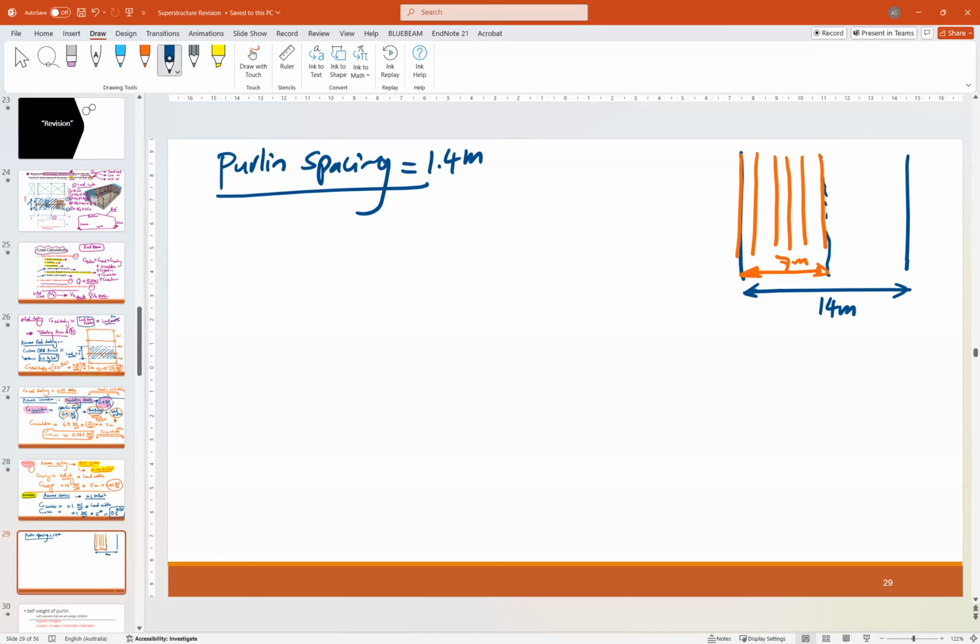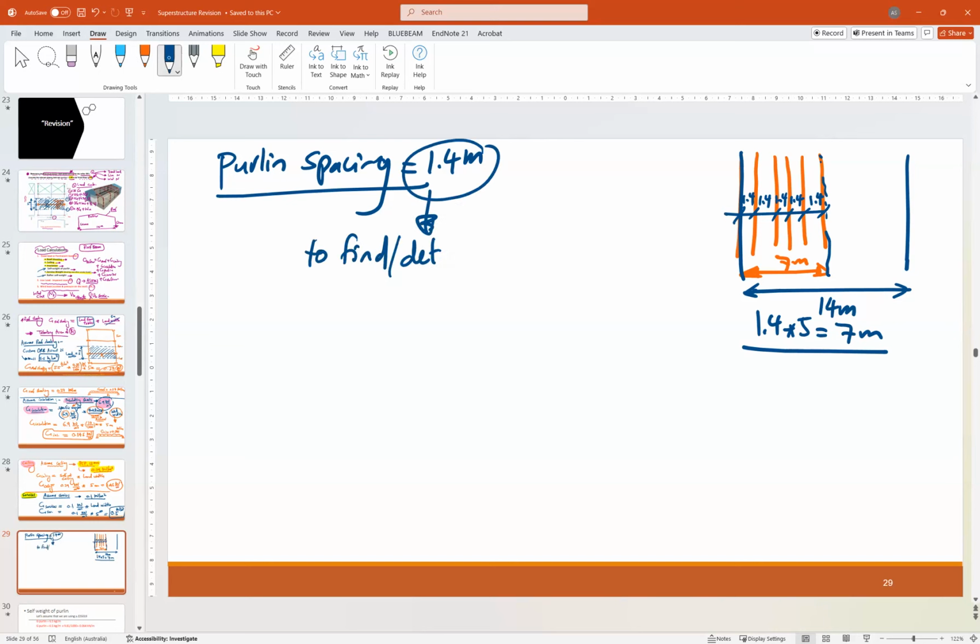Each distance is 1.4, 1.4, 1.4, 1.4, 1.4. So 1.4 times 5 equals 7 meter. Just this information will save you the time to determine the spacing. It is already given to us.